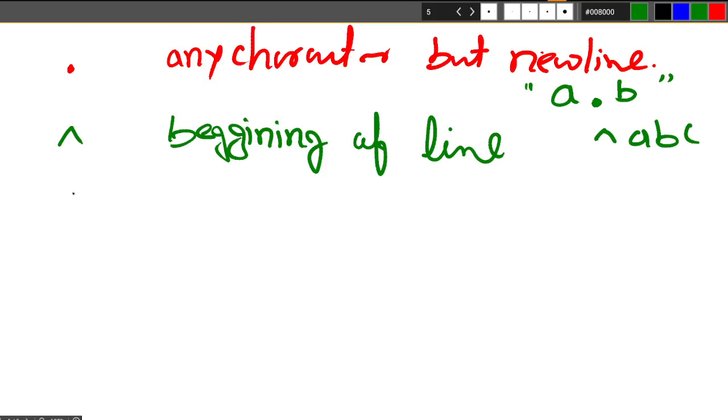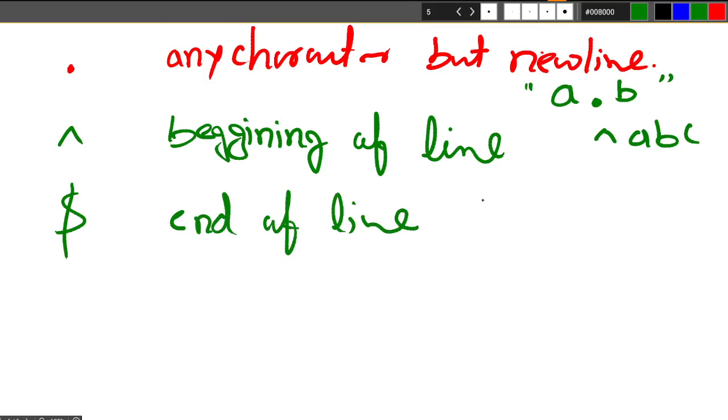And you can also specify the end of line. So if you want to write ABC and then you want to end, it will be in this way.